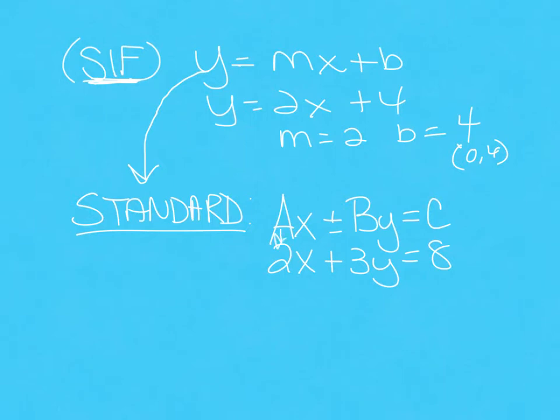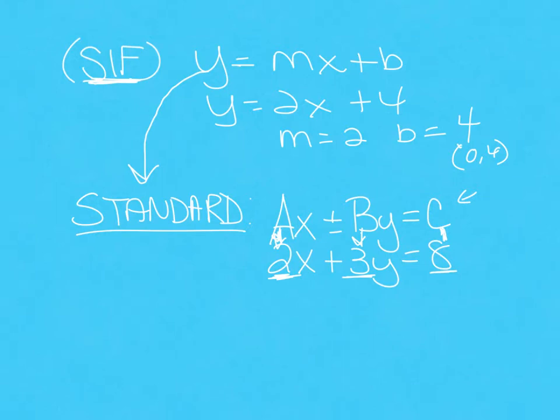A is the coefficient of x, B is the coefficient of y, and C is the constant. When we get into x and y intercepts, you'll see why they did this. Also when we get into quadratics, we deal with A, B, and C. So just know that these letters A and B are the coefficients of x and y, and C is the constant. Okay.